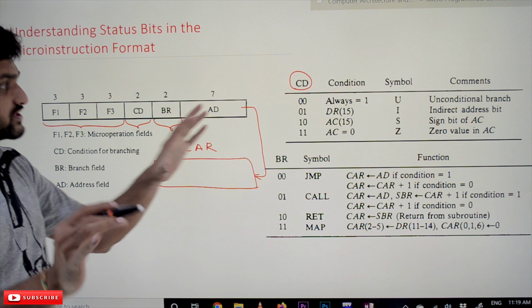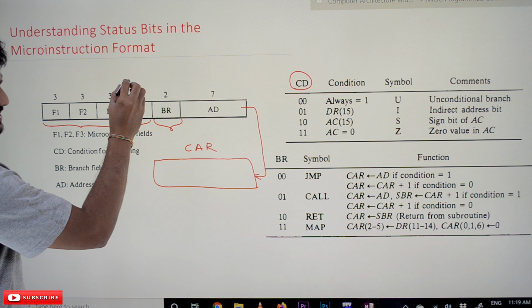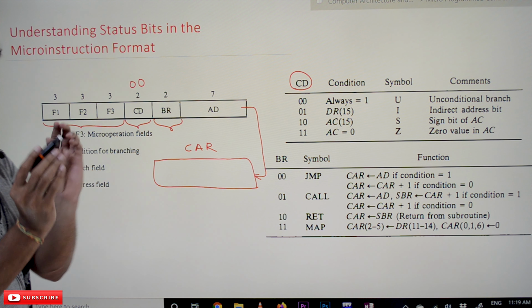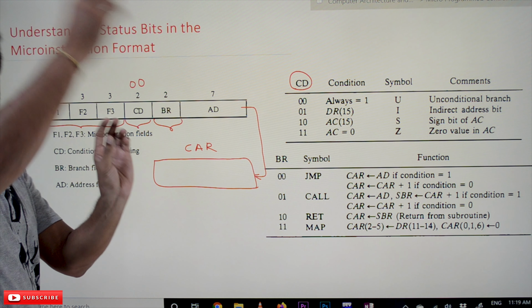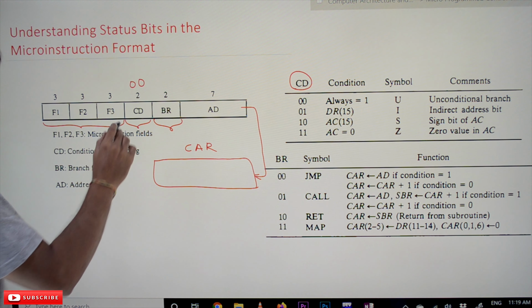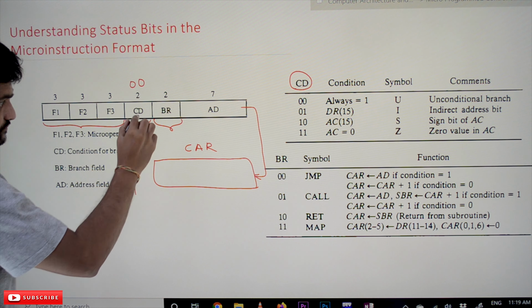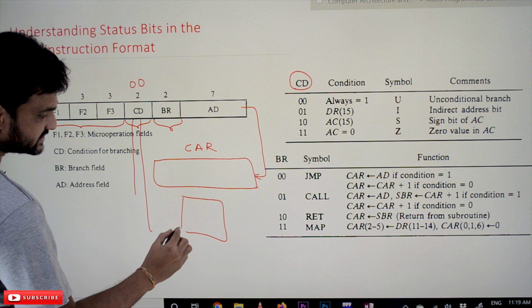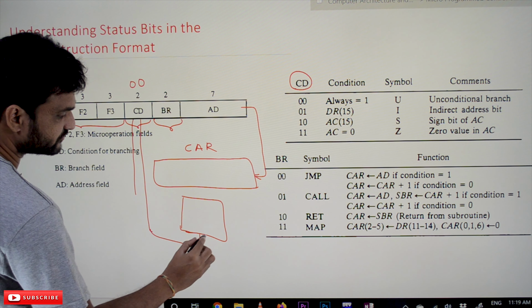Before that, let us try to understand a bit of hardware. The complete micro programmed unit circuit we'll understand in our later videos. These CD bits will get connected to the selection bits of the multiplexer.